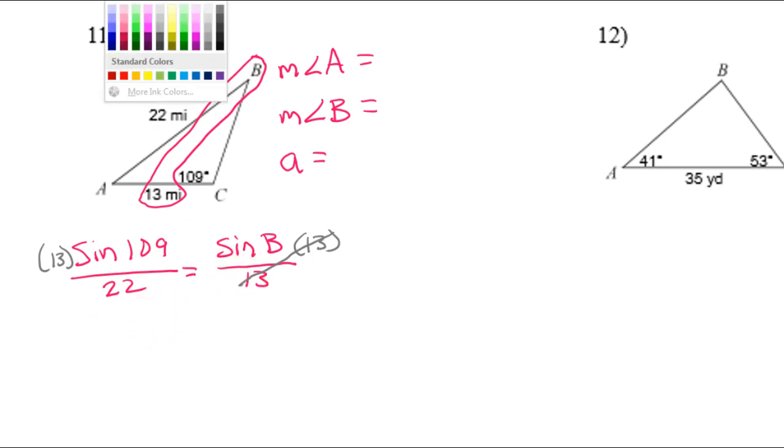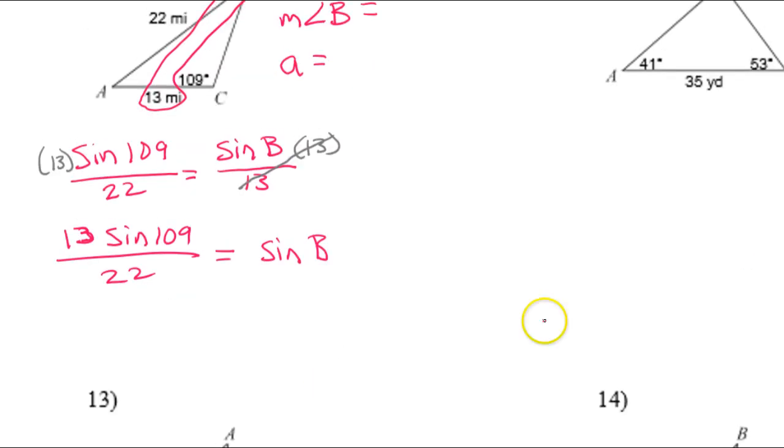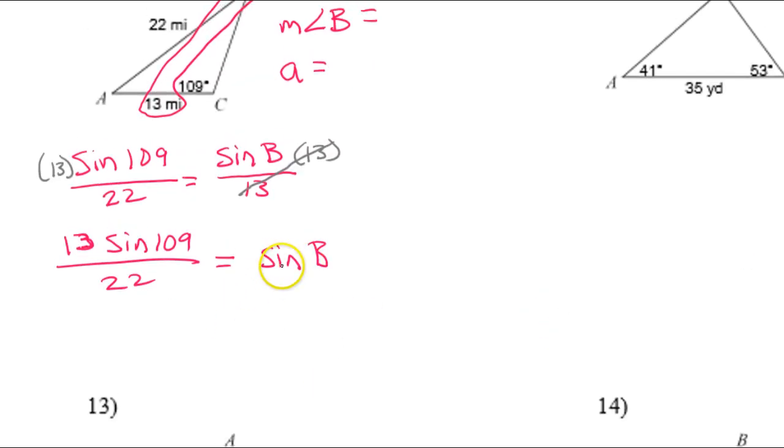Okay, so at this point, I know that 13 sine 109 over 22 is equal to the sine of B. If you have a trig function and you need to find the angle, so I have the sine of B, but I want to find angle B, then what you need is the inverse trig function, because the inverse trig function is the angle whose sine is all of this.